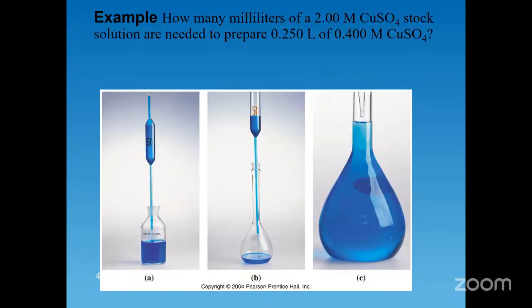Very easy. All you have to do is identify what is C1, what is C2, and so on, right? So since this is the initial concentration, I'm going to call that C1. So this is C1 here. This here would be C2, and this here would be V2, right?